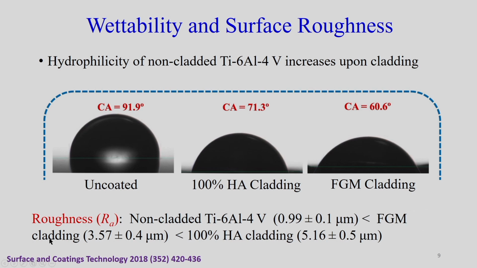The functionally graded material has about 3.5 micrometer roughness, and hydroxyapatite cladding was at the highest roughness of 5. So, what it says is, as compared to the RF sputtering, the roughness RA is higher. This is coming because of the coating technique.